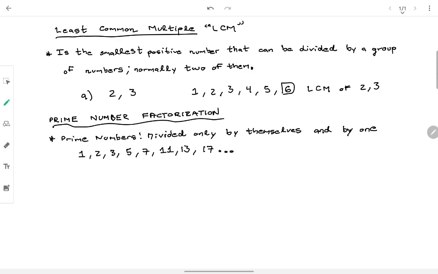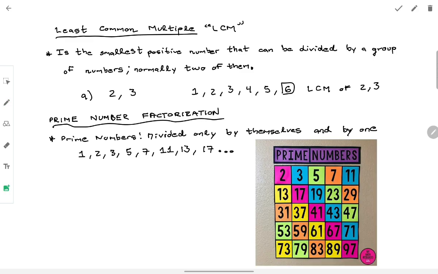I will put a little image of prime numbers in the video, so if you need them, you can access it. Here on this image, we can see prime numbers from 2 until 97.